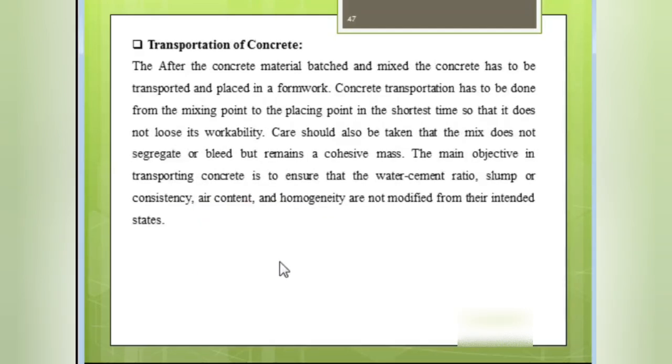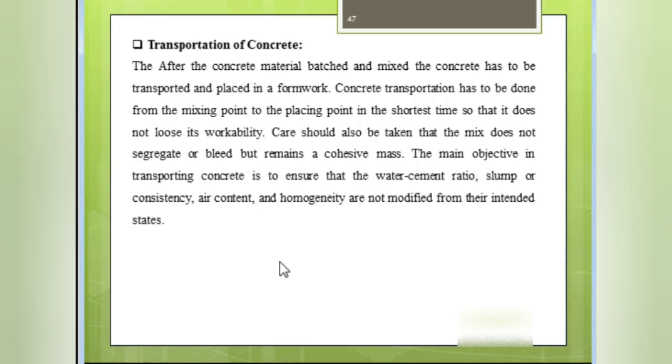Now, transportation of concrete. After mixing, concrete should be transported to where we require the concreting. After the concrete materials are batched and mixed, the concrete has to be transported and placed in a formwork.